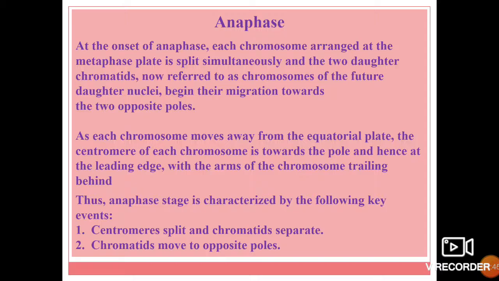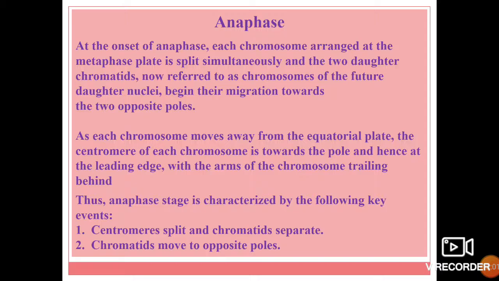So the X, which is standing with its 2 hands up and 2 legs down, and the center is attached, the thread from either side will pull away the center, so that on each side you have 1 chromosome.